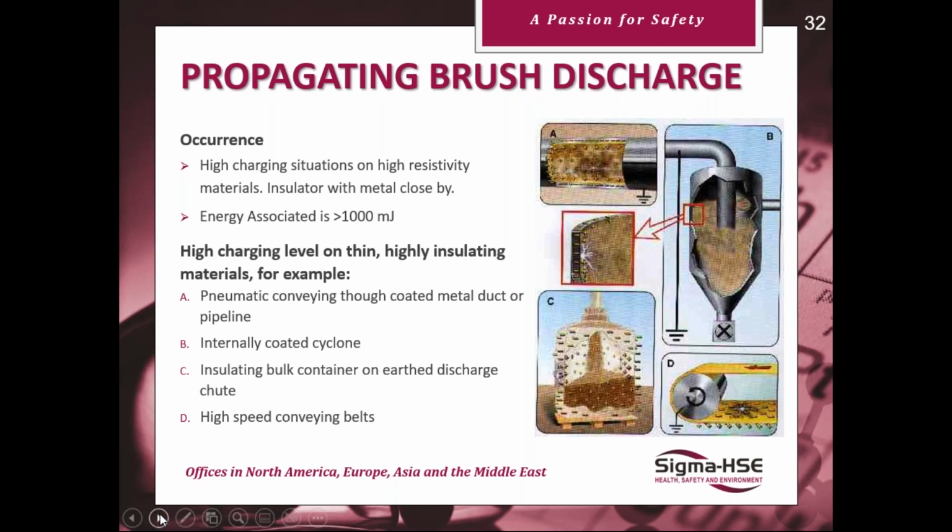Insulating bulk container on an earthed discharge chute. Again, you've got this metal substrate with the high energy plastic on it, and high speed conveyor belts. Again, you've got the metal there with thin deposits of insulator on it. The worst I've seen of this was acetate offcuts in a low IBC, and the man went to flatten them down because they were closed at the weekend and they couldn't collect till the Monday.